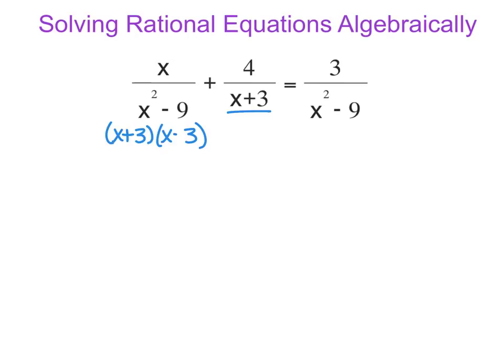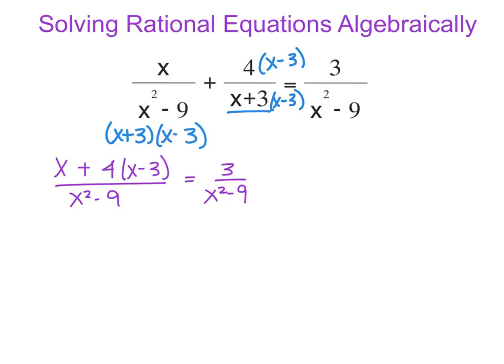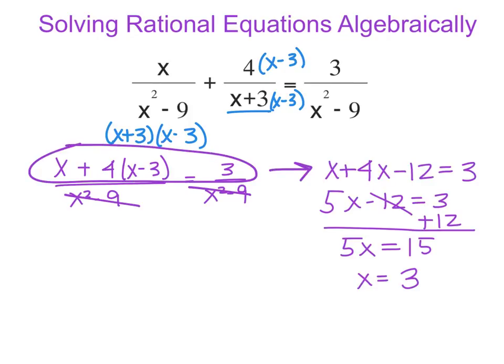That means this one is missing an x minus 3. I'm going to multiply that out and simplify it now. Something to note here is that because I have the same denominator, I can actually disregard it and just look at the top here. And when I solve for x, I get x equals 3.